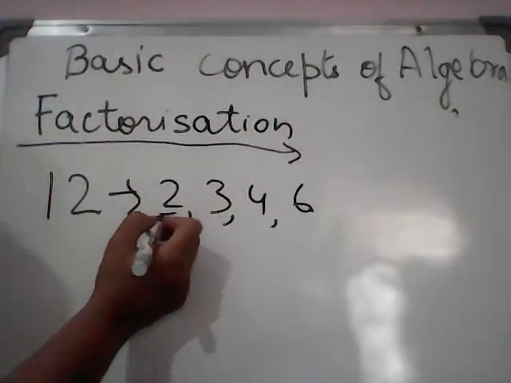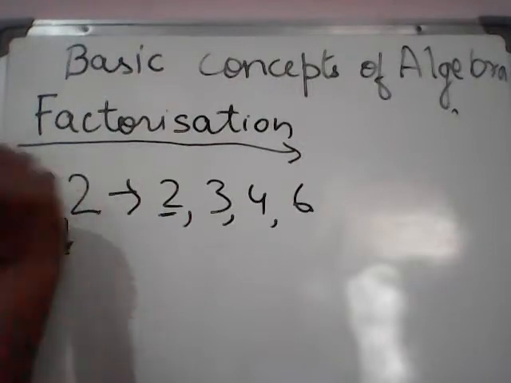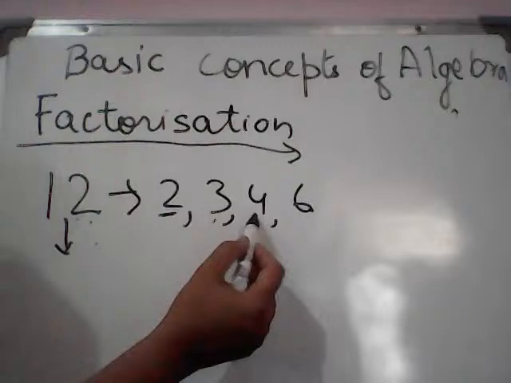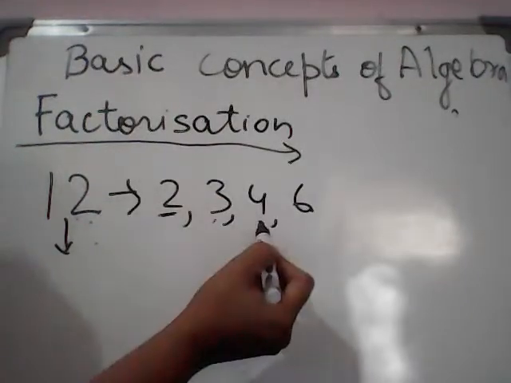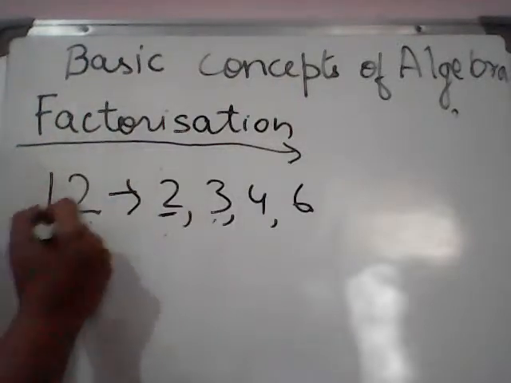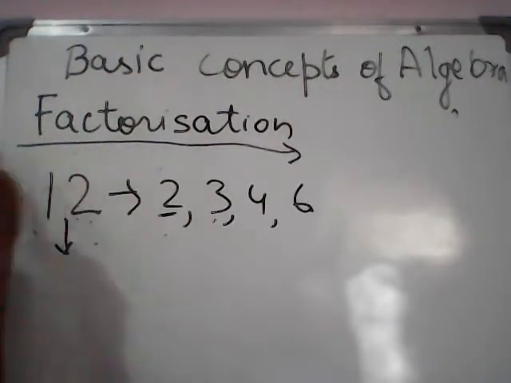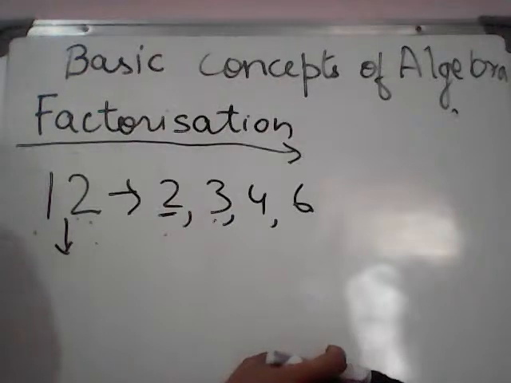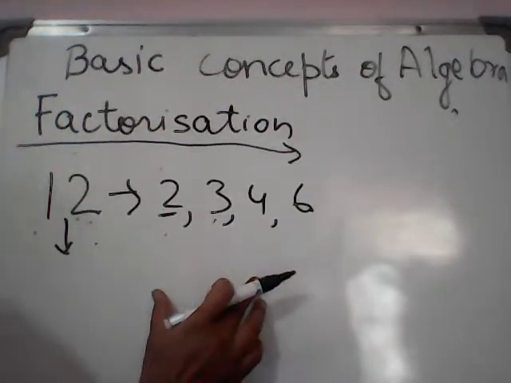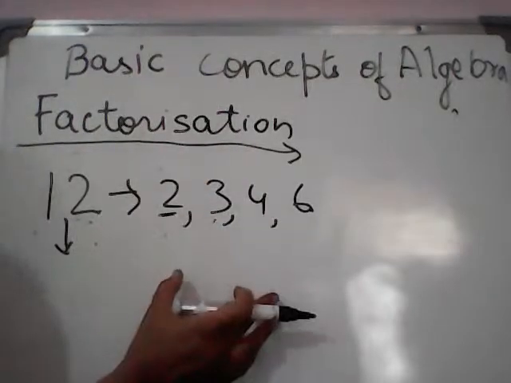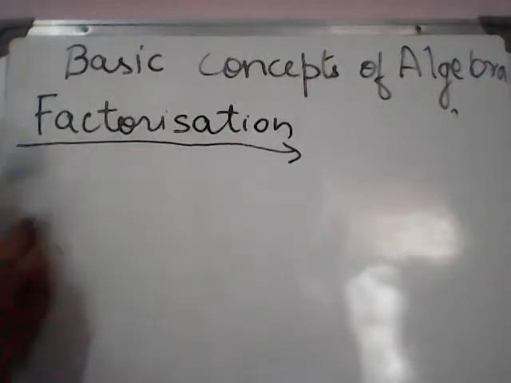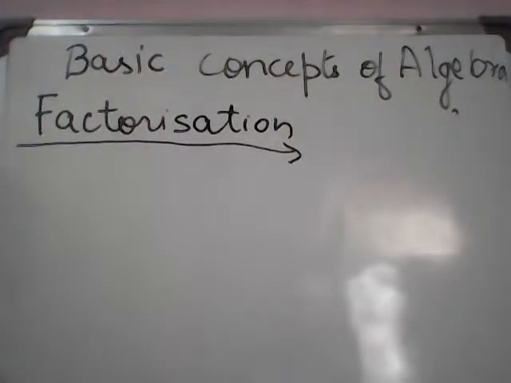When we divide it with 2, we get no remainder. When we divide it with 3, we do not get any remainder. Similarly, when we divide with 4, we do not get any remainder. So factors are numbers in arithmetic and also in algebra, such that when we divide the expression by them, we do not get any remainder. Converting an expression into its factor form is factorization. When we do a question, it will be more clear to you.